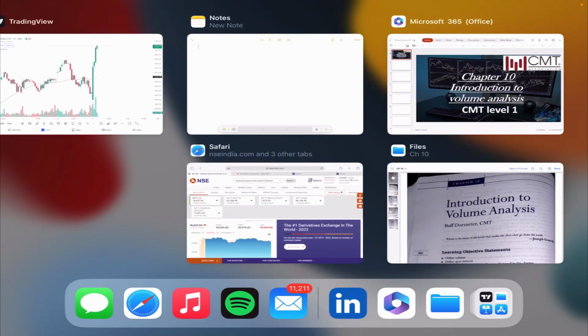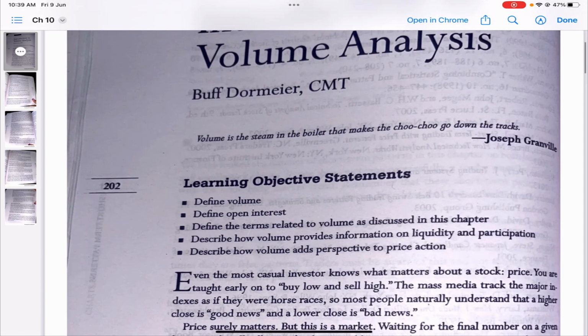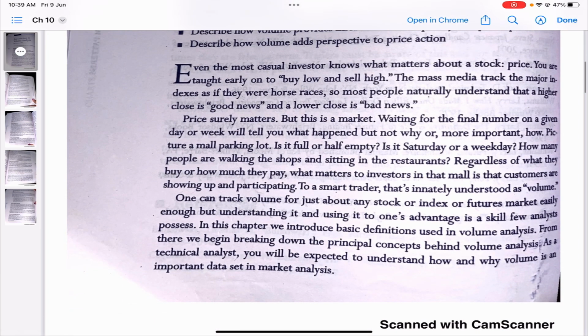I'll just use the PDF of the Wiley's textbook since it's a very tiny chapter. So here's a quote by Joseph Granville which says, "Volume is the steam in the boiler that makes the choo-choo go down the tracks." Even the most casual investor knows what matters about a stock: price. We have been studying this over and over again.